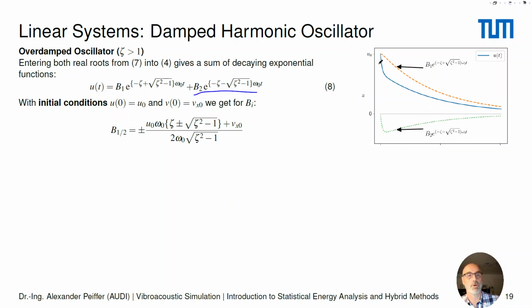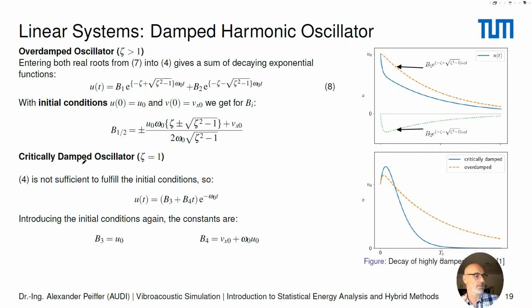The combination of both is the overlay of these. And you see that even if we give a starting velocity to the 0 displacement, the mass never reaches the 0 position, at least not before infinity.